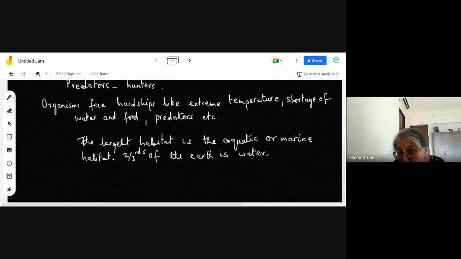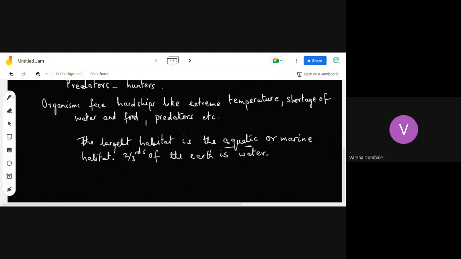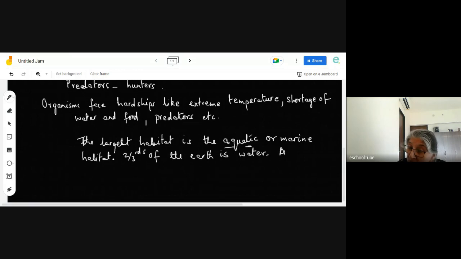So that is why 2/3 of the world is aquatic habitat, and Miss, there is only 3% or 5% water for drinking, and all this water is salty.